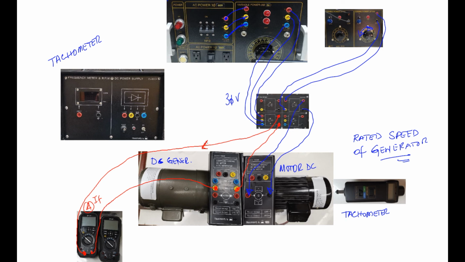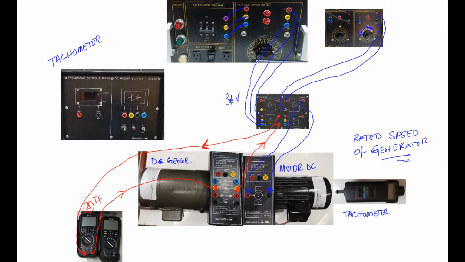So like this is number one. Going to our ammeter, coming back to our winding, and going back to our supply, like that. So now we have excited our field winding.